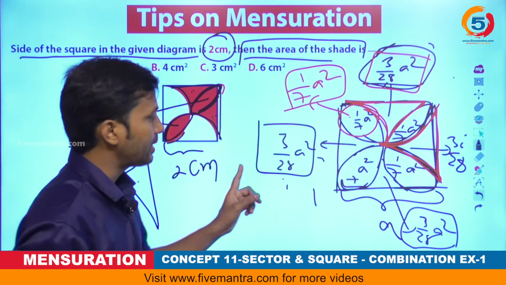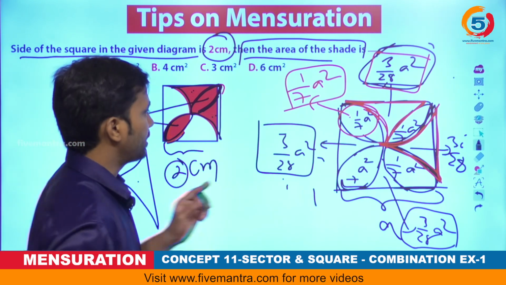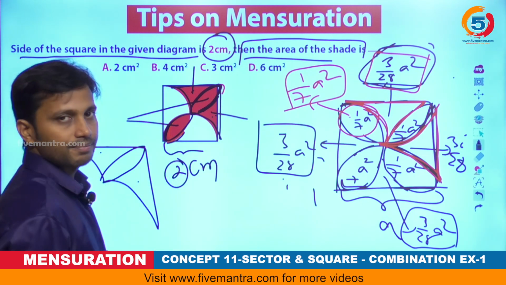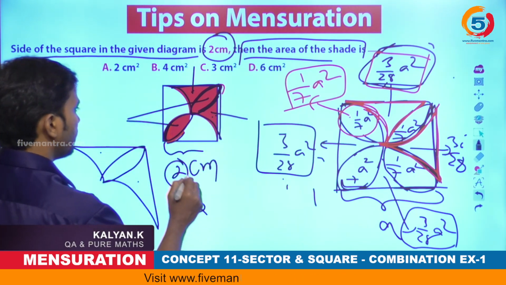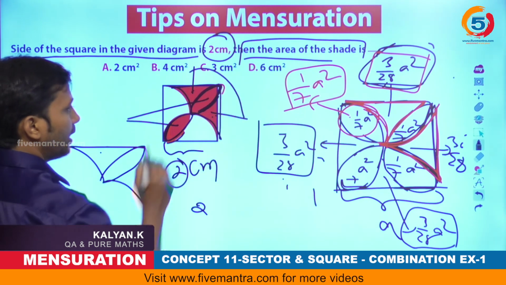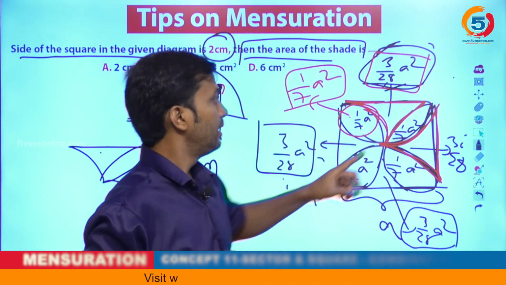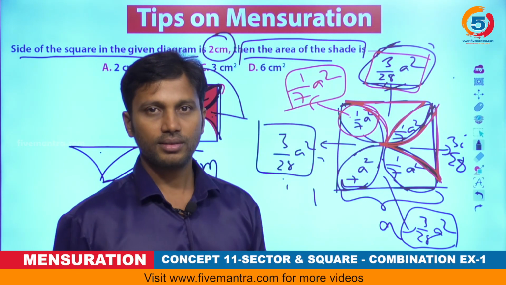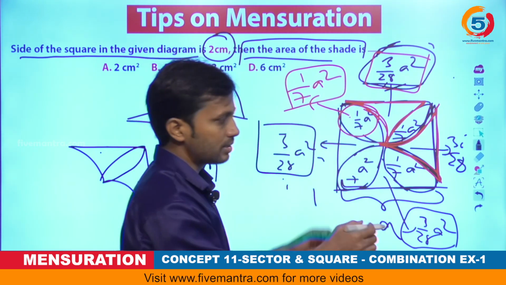Each carries 1/7 a square, that means 2/7 a square. Next, this is one gap, this is one gap. So how many gaps are there? Two gaps. Understood? So each gap area is how much? 3/28 a square. Each petal area is how much? 1/7 a square. That's it. That analysis is sufficient. I think you got this, guys.